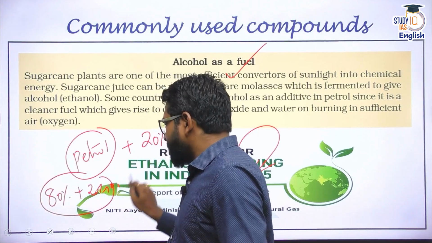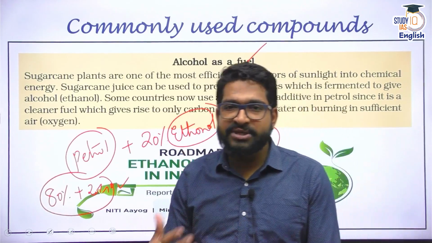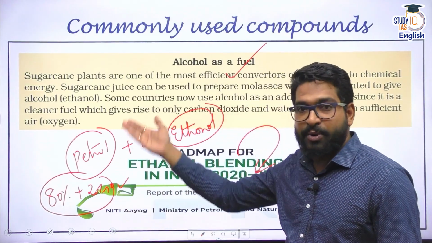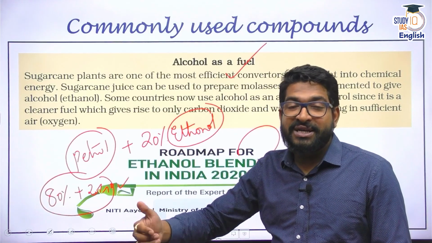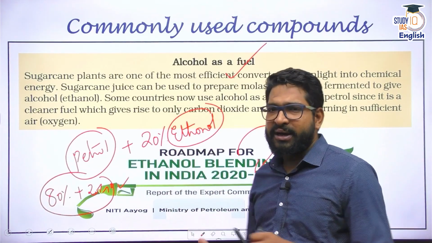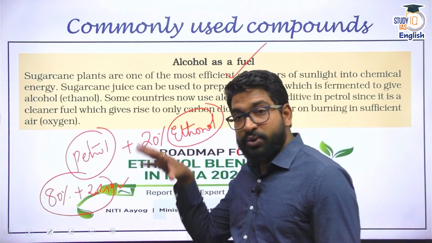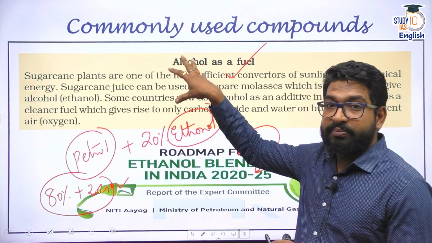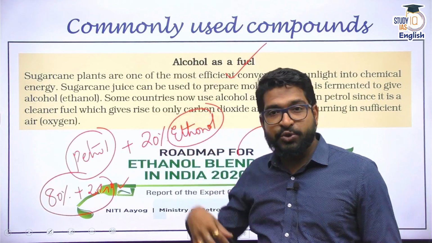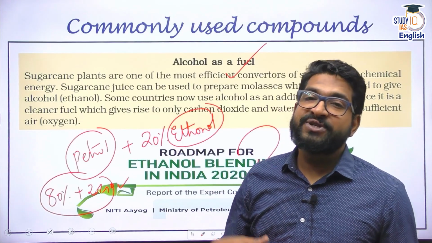And for this, there is no need to change the engine composition, but slowly and steadily, if we try to increase this amount, we need to move towards changes in engine as well. All right. This is some idea that you need to know, because when you're preparing for the UPSC civil service examination, you need to understand that ethanol blending in petrol has its own set of advantages and its own set of challenges.